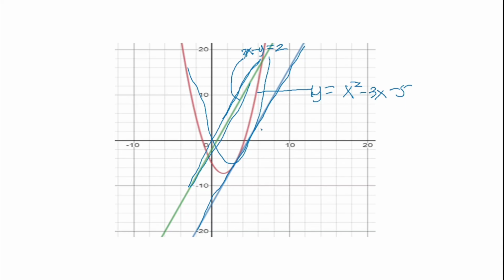So the equation of this one is 3x minus y minus 14 is equal to 0. At this certain point here, the intersection is 3 and negative 5, which is the point where it intersects here.